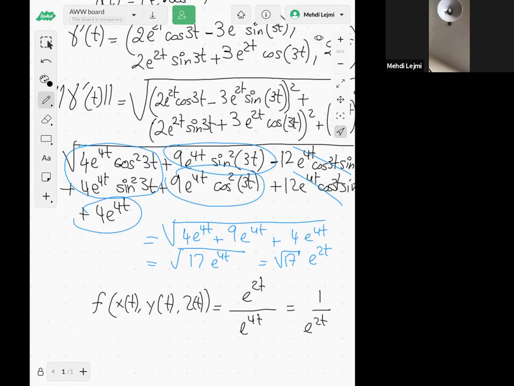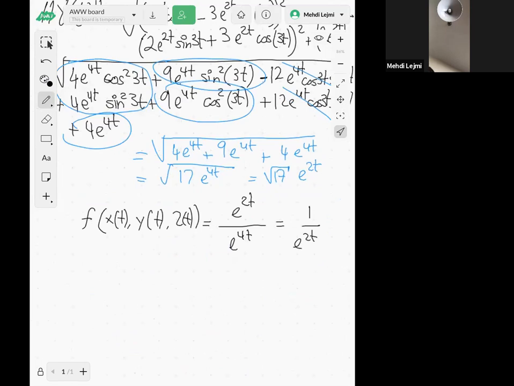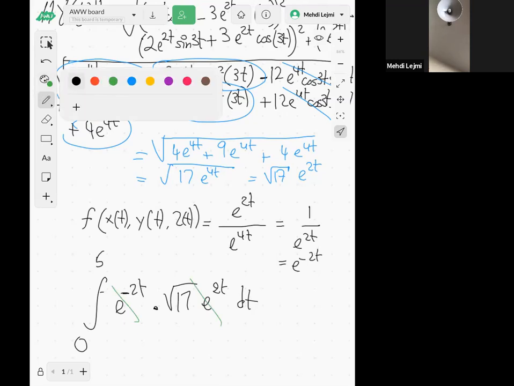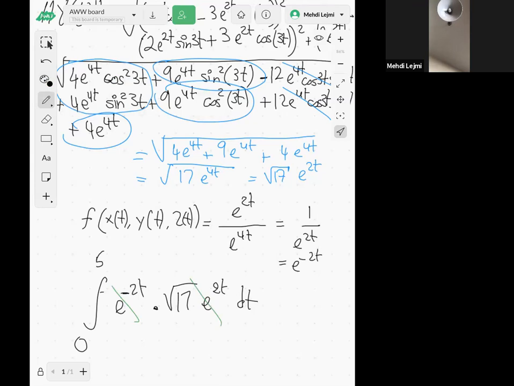Then you have everything to evaluate your integral, from 0 to 5 of exponential of minus 2t times the length of gamma prime of t, which is square root of 17 exponential of 2t, dt. The exponentials cancel out, so it's just square root of 17 between 0 and 5. The answer would be 5 square root of 17, and that should be the final answer.